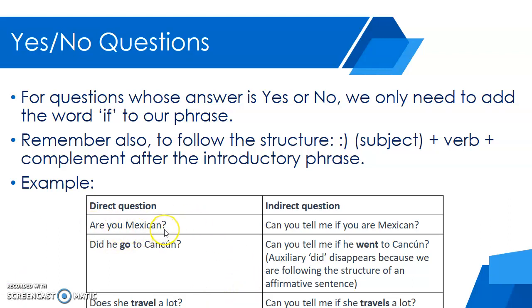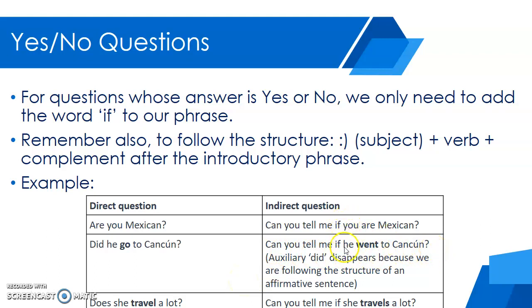Are you Mexican? We answer this question with yes or no. And the indirect question would be, can you tell me if you are Mexican? In this case, the introductory phrase is, can you tell me? Then we have, did he go to Cancun? Can you tell me if he went to Cancun?